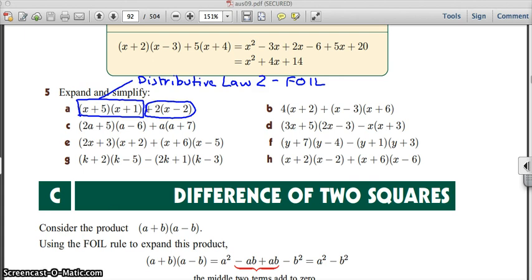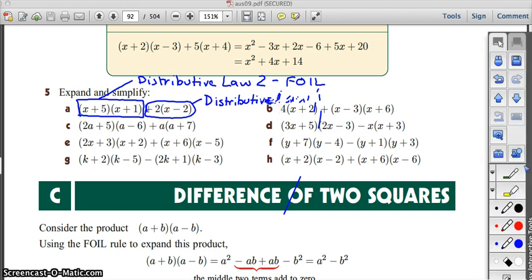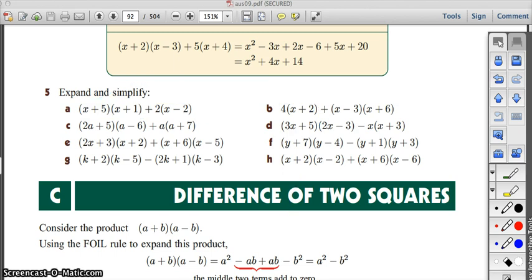That's distributive law 1. And we spoke about distributive law 1. What that's about is everything outside of the brackets is multiplied by that which is inside the brackets.